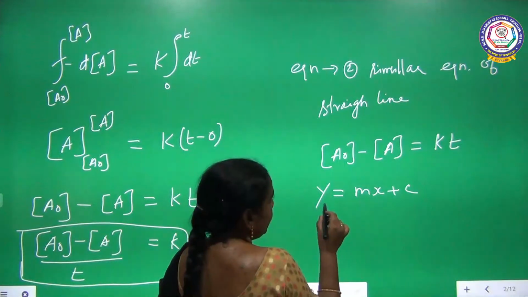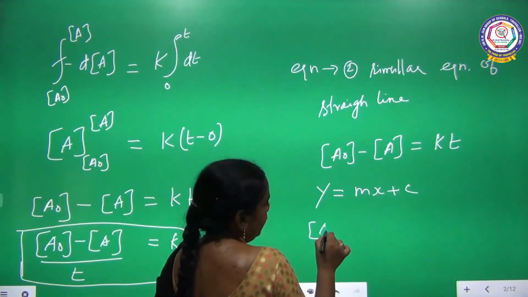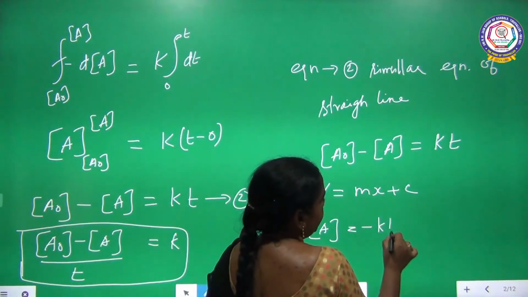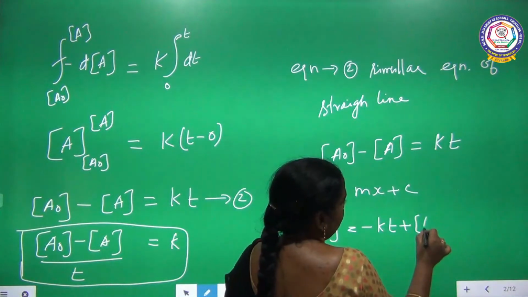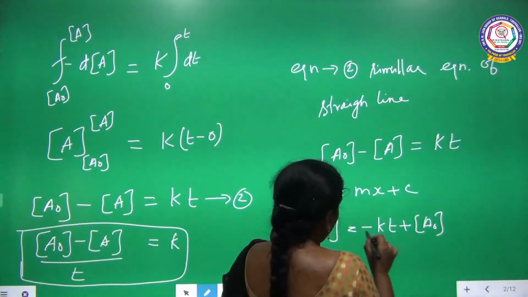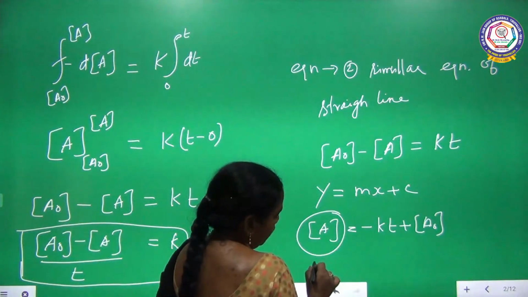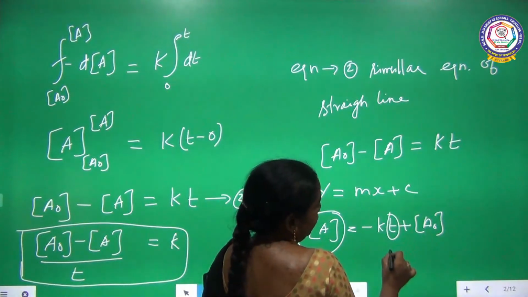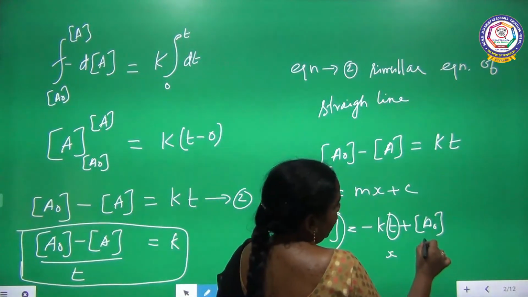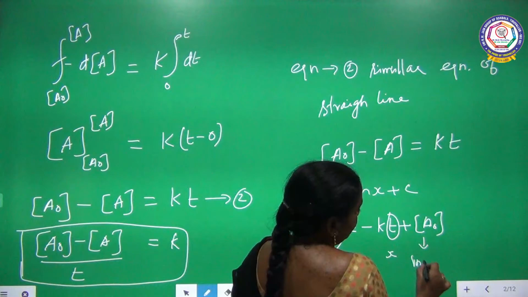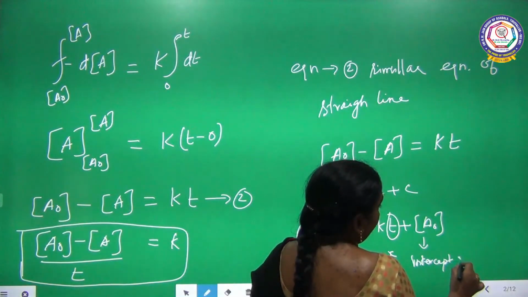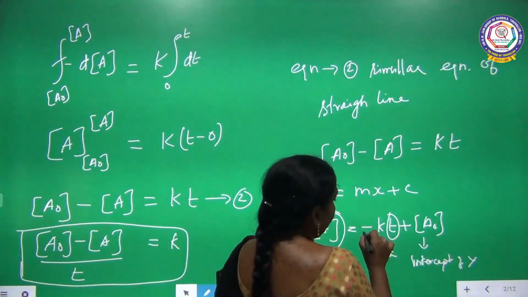So this can be written as A equal to minus Kt plus A0. So this is taken in the form of y-axis y, and t is taken as x, and this one is the intercept of y, and negative k is the slope.